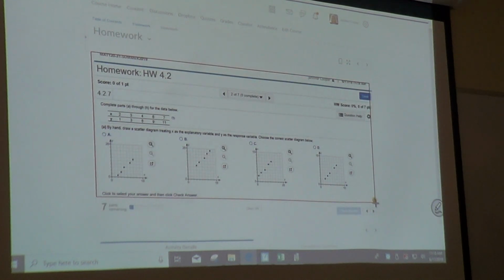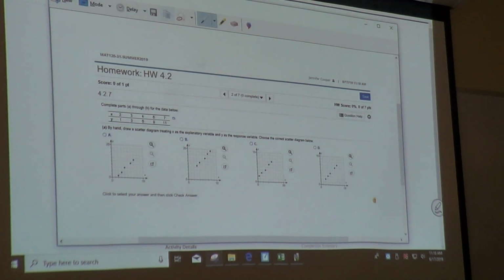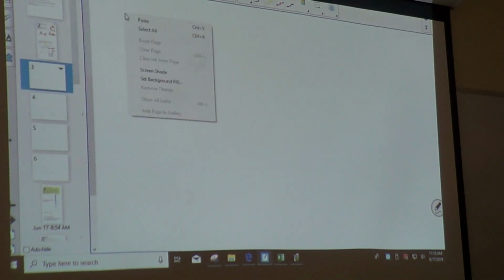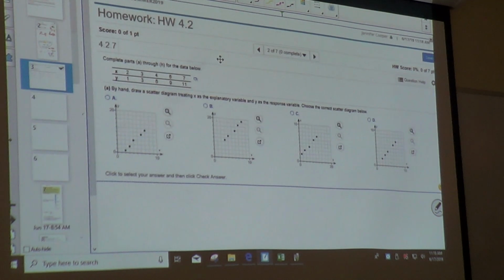Plus, I'll have it in our notes so that you can go back and look at it, for those of you who haven't gotten this far.